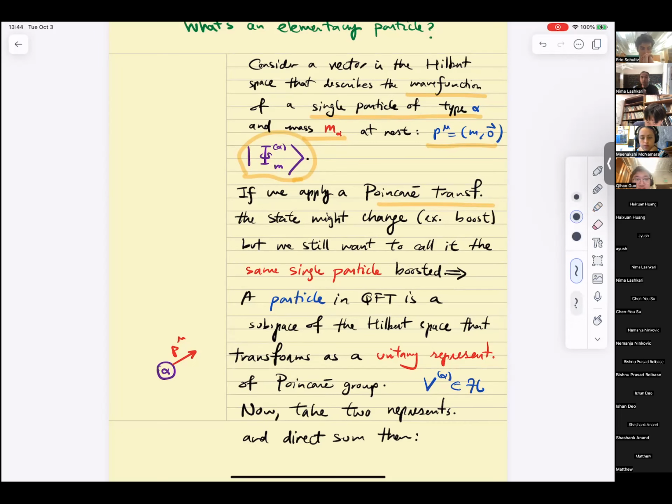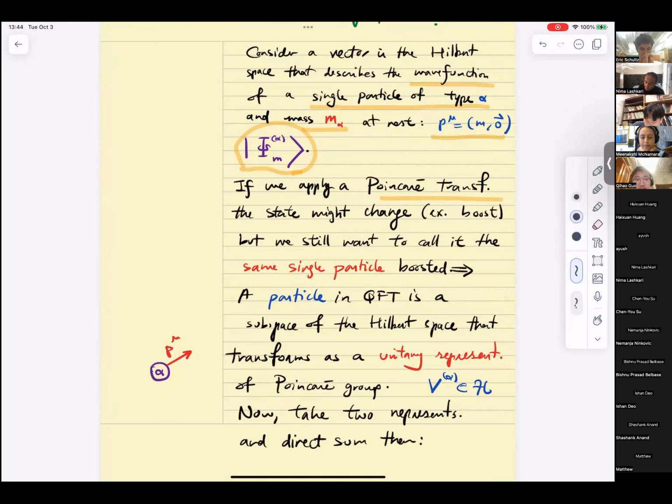That's just a very natural thing to do. So you would say it's the same particle. So you conclude that a particle in quantum field theory is a subspace of the Hilbert space, a set of vectors in the Hilbert space that transform as a unitary representation of the Poincare group.